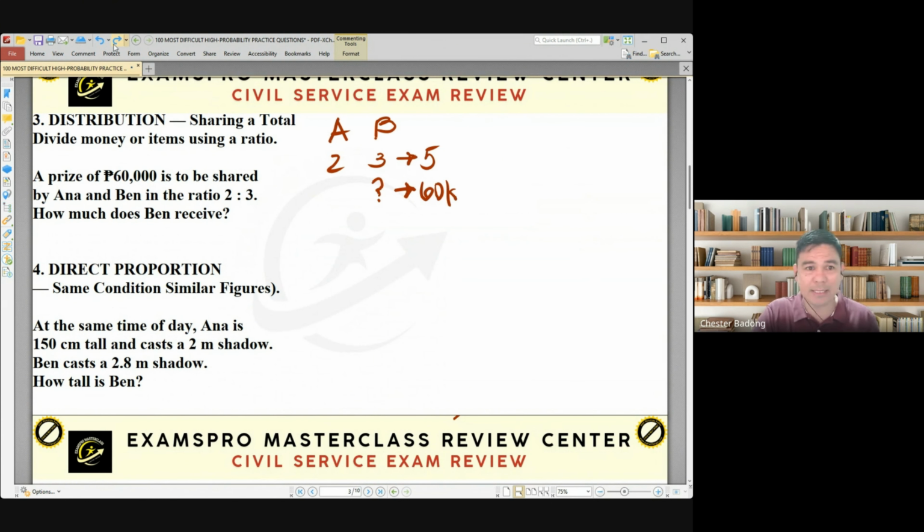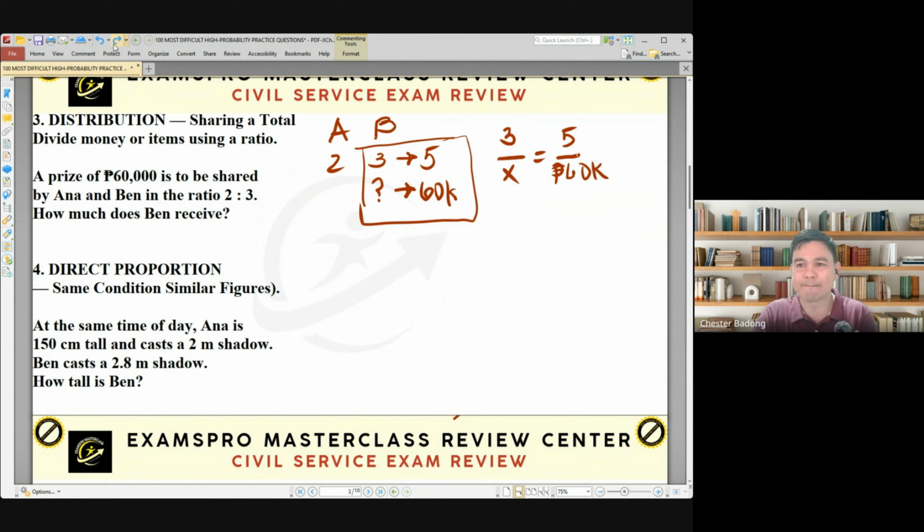Hindi tayo interested sa partner ni Anna. Ito lang po, sapat na column ni Ben at column ng total. Gawa po tayong equation. 3/x is equals to 5/60k. Cross multiply, 5x is equals to 180k. X is equals to 36,000. Yan po ang parte ni Ben.